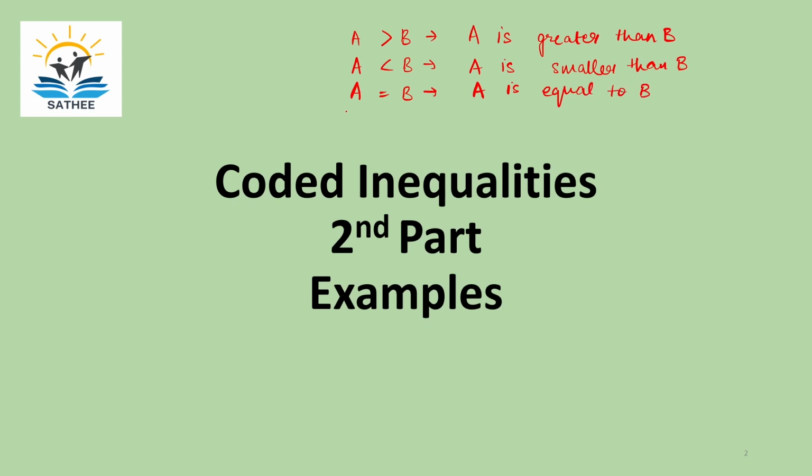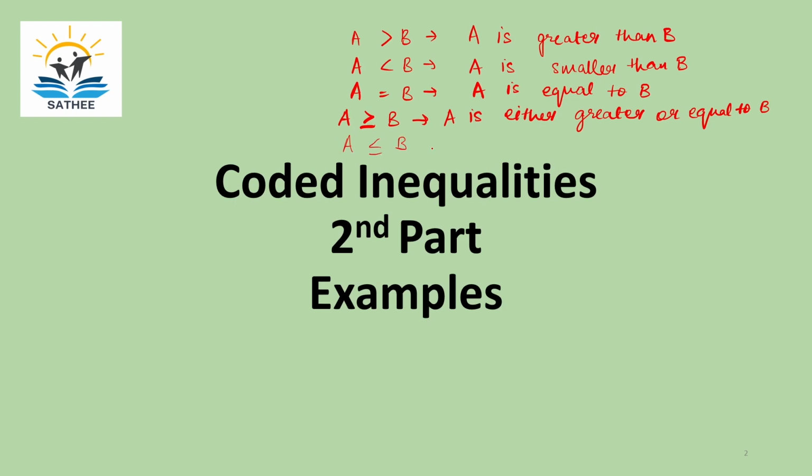Then we have this symbol, which basically means two possibilities. So A is either greater or equal to B. Here we have two possibilities. Then we have this symbol.